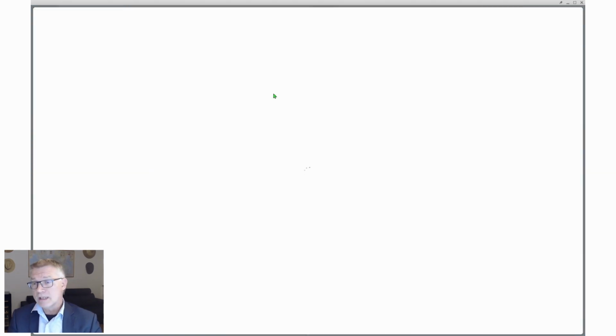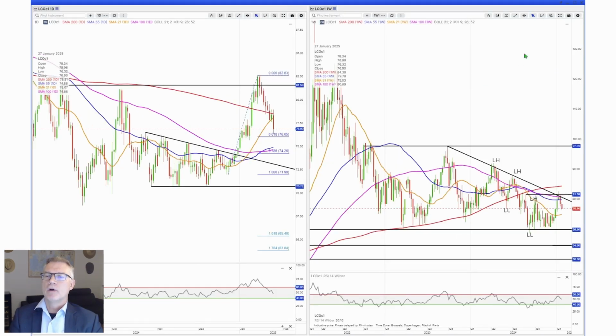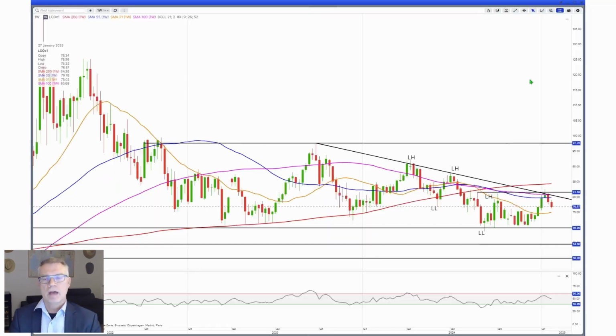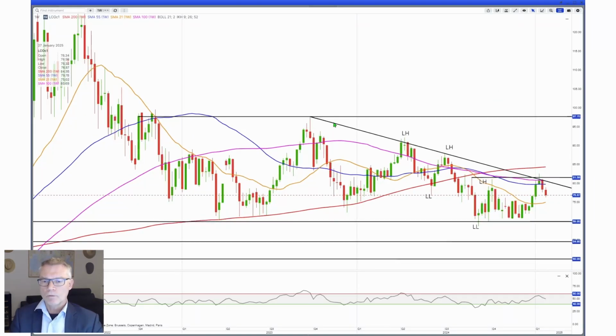Finally, let's have a look at oil, which has been on decline for the past few days. And let's just also have a look at the bigger picture here. The bigger picture is, for quite some time, we had lower highs, lower lows, lower highs, lower lows, lower highs, but not a new lower high and not a new lower low.